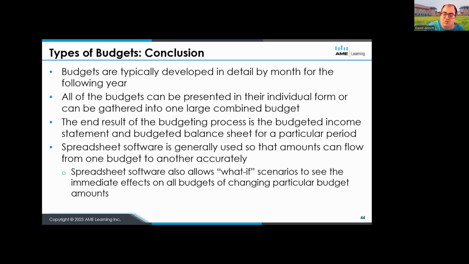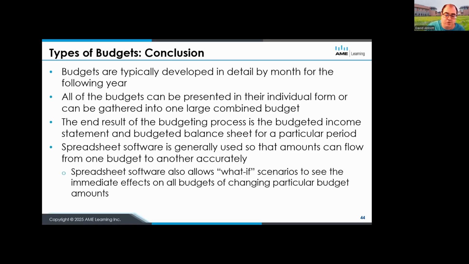And we could use spreadsheet software such as Microsoft Excel or Google Sheets, or OpenOffice, or LibreOffice, whose calculation function, Calc, you could use. A spreadsheet can be used so that the amounts can flow to the other budgets very easily and calculations can be made.